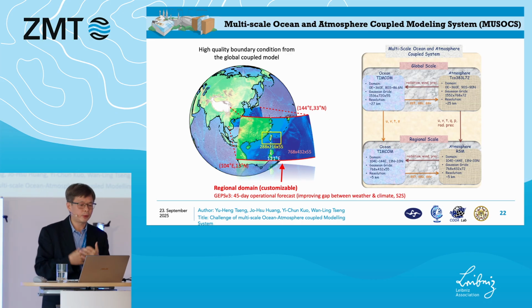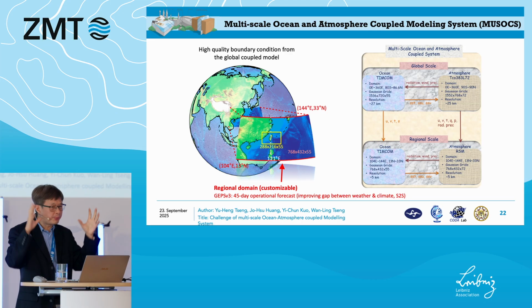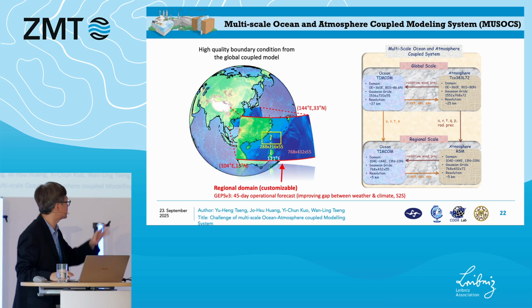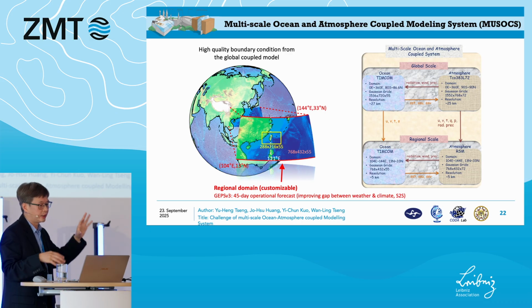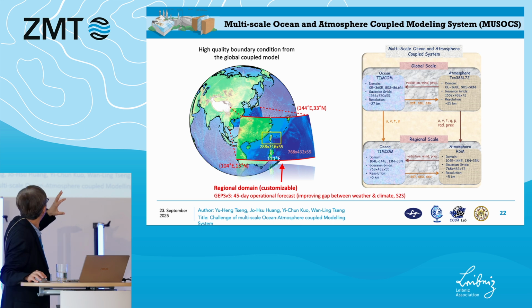Finally, I will just bring up one potential framework. This is based on an Earth system model we are building right now, by combining the regional model and the global model all together. For the global model, we run the simulation with ocean and atmosphere together. And then we also have a regional coupled ocean and atmosphere model.